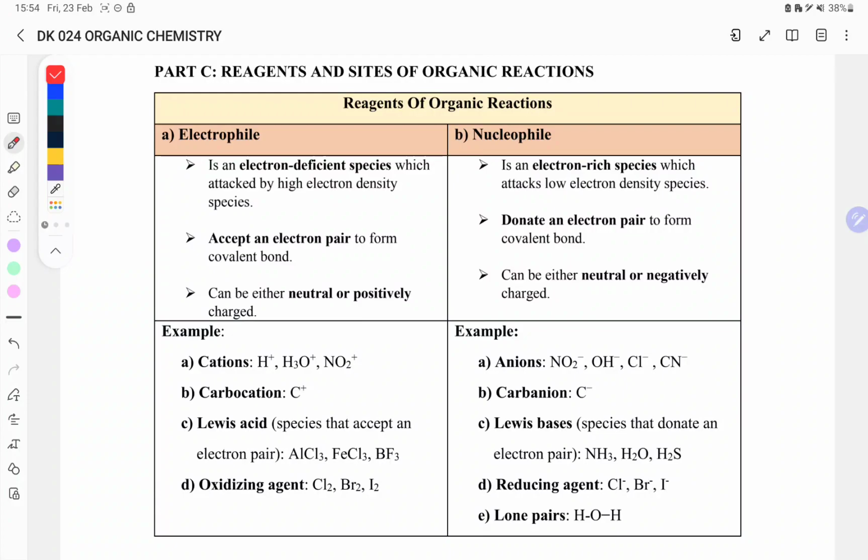Kamu tahu perkataan file tu apa kan? Selenophile, nictophile, bukan benda-benda yang kamu letak kat page Instagram ke? PHILE, kalau saya sebut perkataan ni mesti kamu terus tahu.